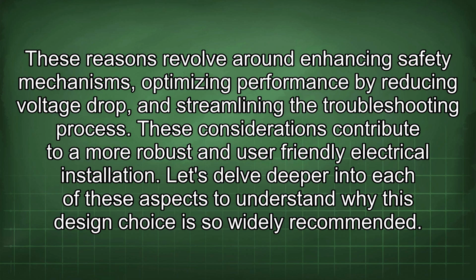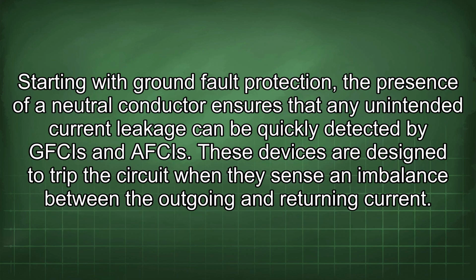Let's delve deeper into each of these aspects to understand why this design choice is so widely recommended. Starting with ground fault protection, the presence of a neutral conductor ensures that any unintended current leakage can be quickly detected by GFCIs and AFCIs. These devices are designed to trip the circuit when they sense an imbalance between the outgoing and returning current.